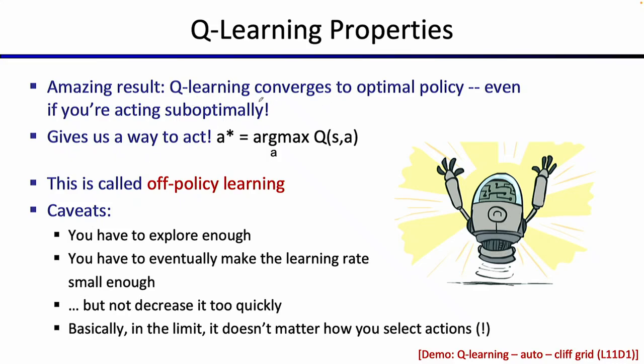So we've seen that Q-learning now converges to the optimal policy, even if the behaviors that we're seeing are not optimal, even if they're just randomly moving around.